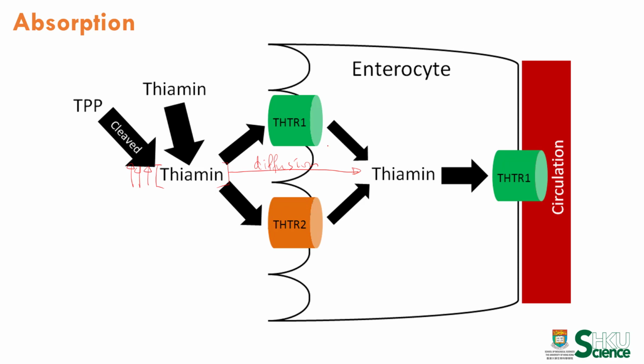Thiamine doesn't require the use of transporters when the concentration is high, because the concentration gradient is large enough for thiamine to diffuse inside the enterocytes. Whereas when thiamine concentration is low, thiamine is absorbed through the help of two transporters, thiamine transporter 1 and thiamine transporter 2, which will pump thiamine from the low concentration in the lumen inside the enterocyte.